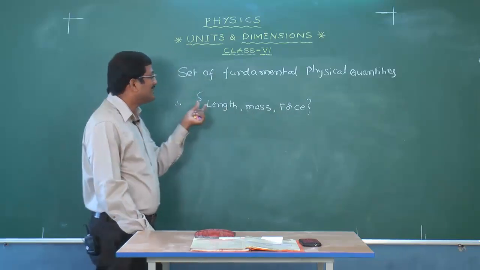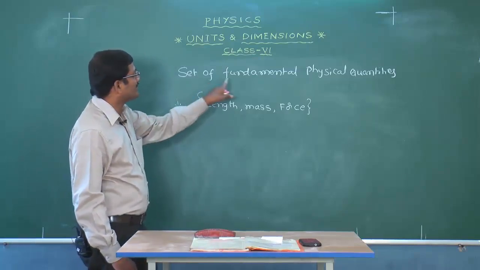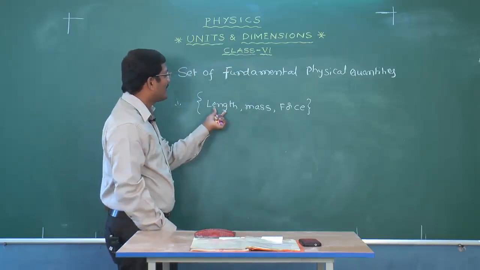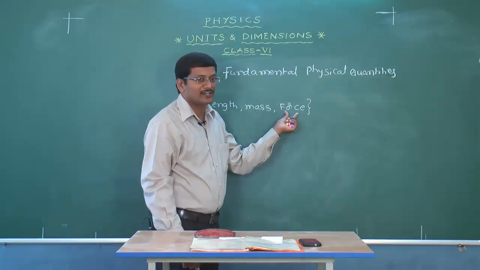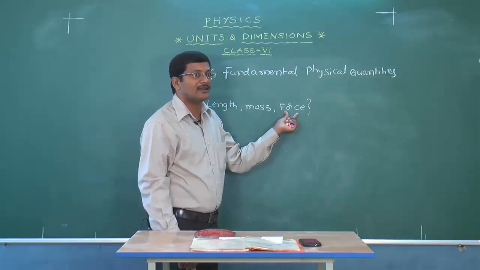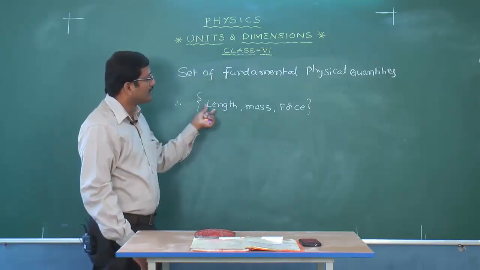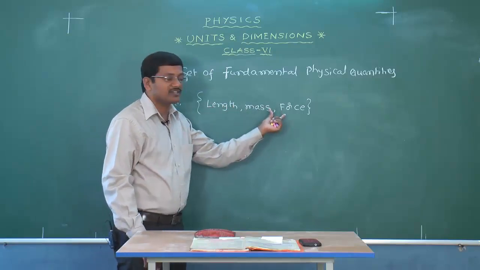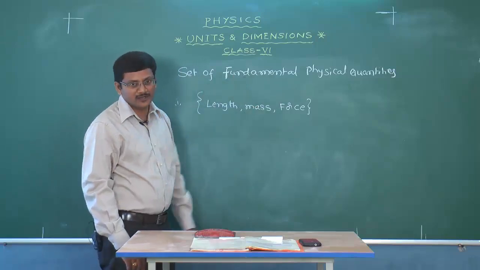When you take these kind of sets of physical quantities, there is no rule that in a set of fundamental quantities, I have taken only fundamental physical quantities. Here I have not taken a fundamental physical quantity: force is the derived physical quantity, mass into acceleration. But if you take under a set, if no one is derived from the remaining physical quantities in the set, then it comes under set of fundamental physical quantities.